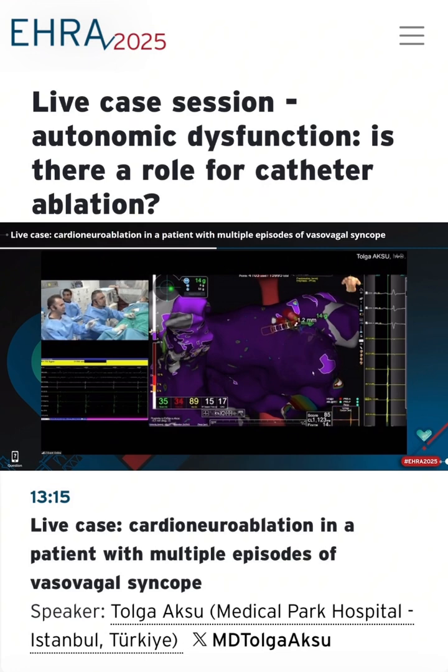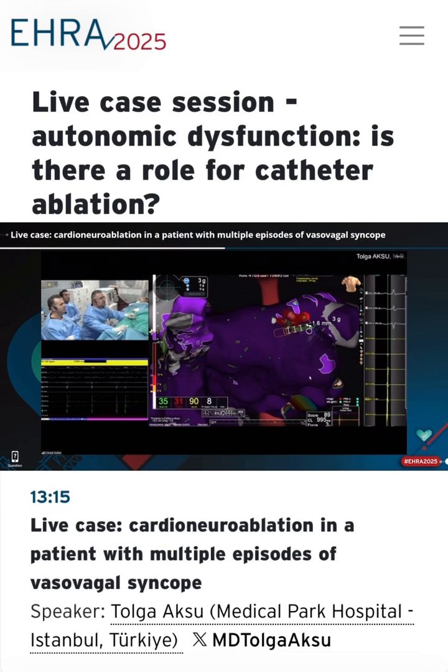So if I may ask... yes, you can see the bradycardia, heart rate decreasing. You can see that. So we will keep on the ablation and we will try to decrease all vagal response in the same area.